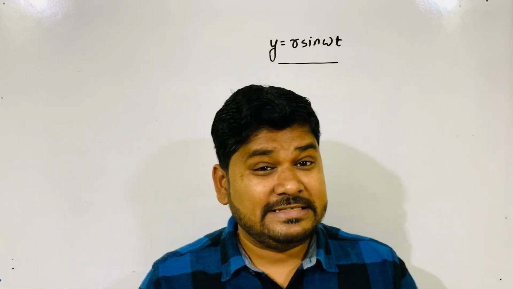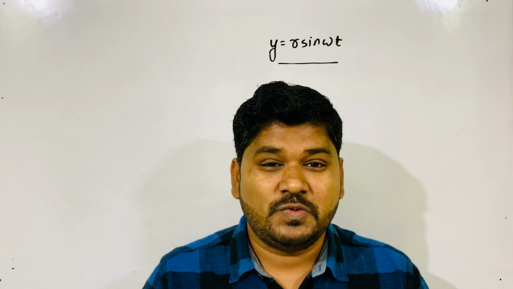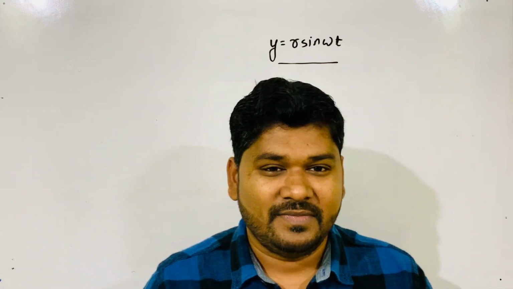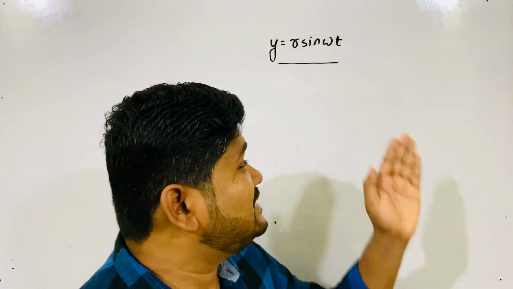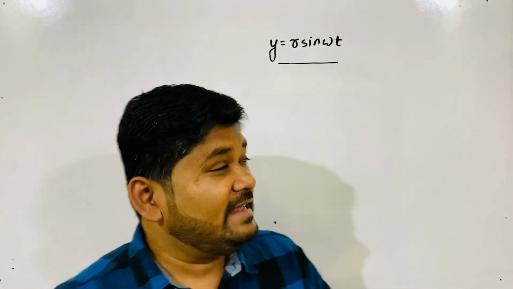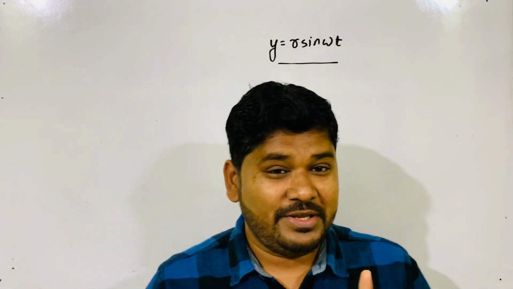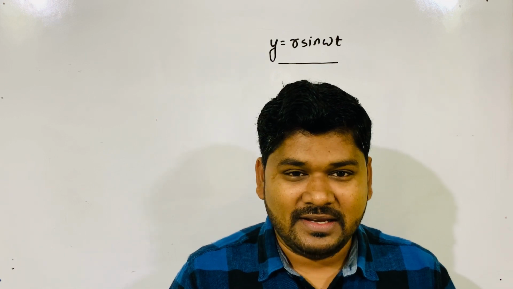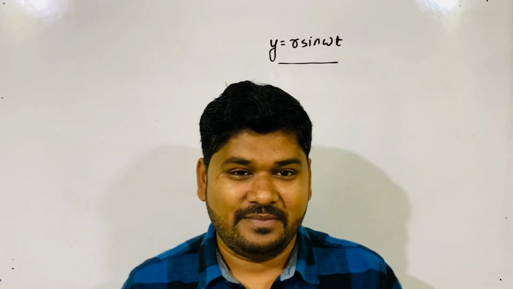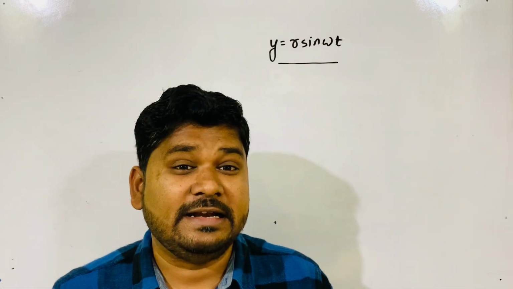In this equation, you have to understand the different terms, because we have just taken it like this. In the previous class, I had not told you what omega is, what r is. You only know that y is the displacement and t is time. But in today's class, we'll understand what the different quantities involved here are.